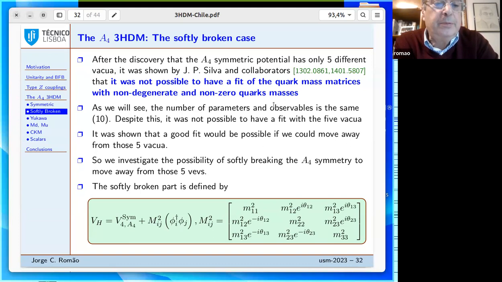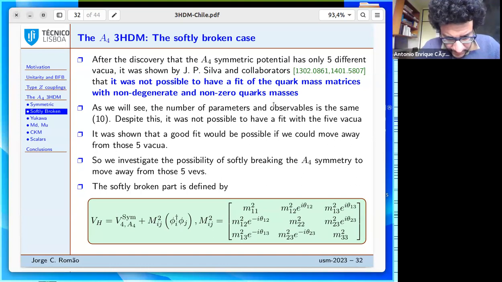Then he had the opposite problem: he was looking at the lepton sector and that had problems with the quark sector. What he suggested was that you could enlarge the theory. There are several ways of enlarging, but the minimal way would be just to put an extra Higgs singlet. And of course, we have to look at the scalar potential and cross-check that everything is correct. We have not done that yet.